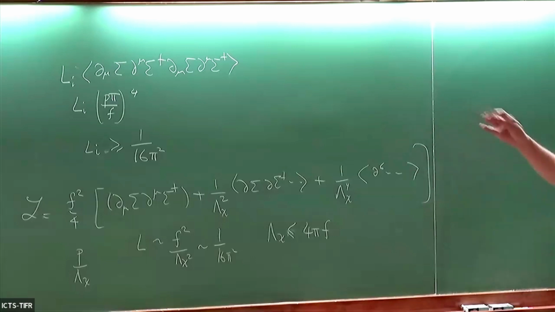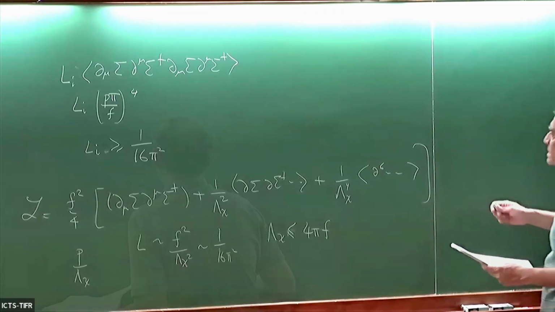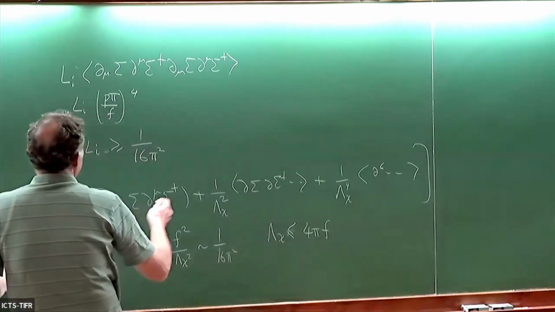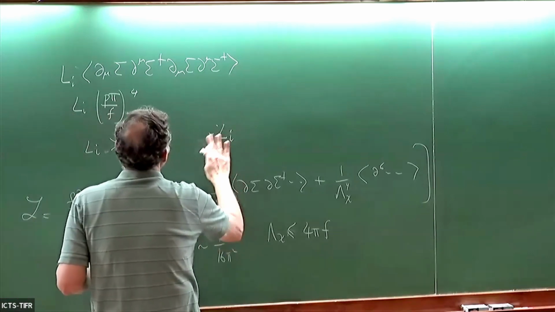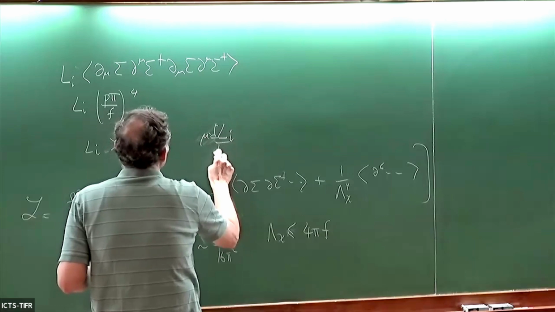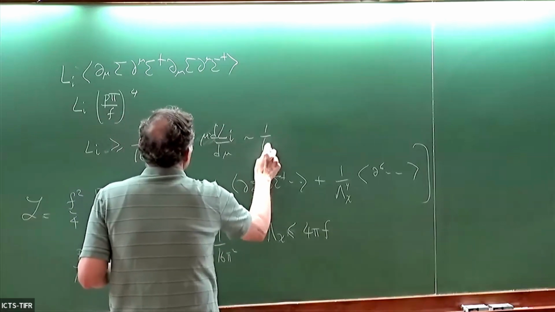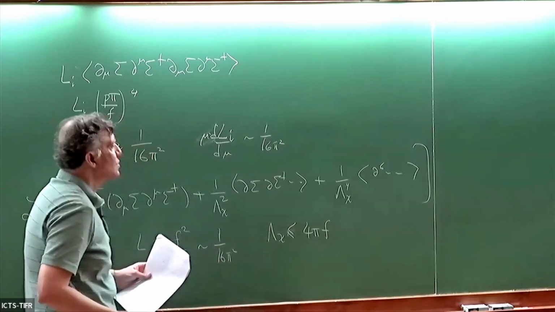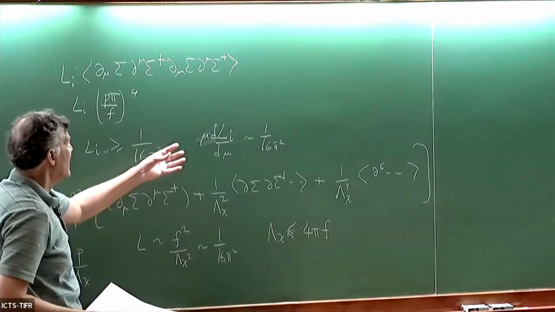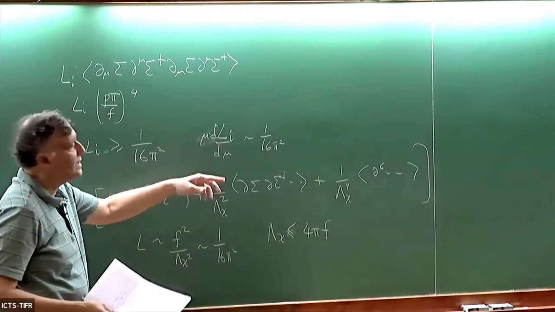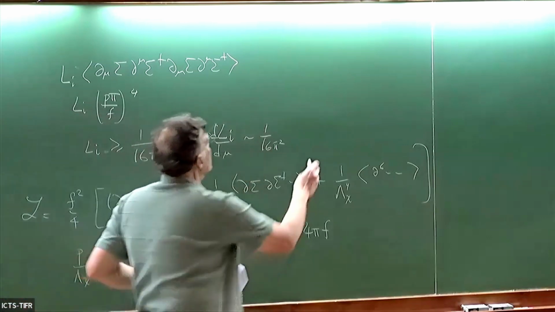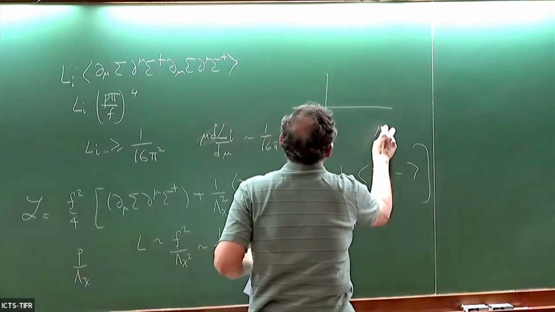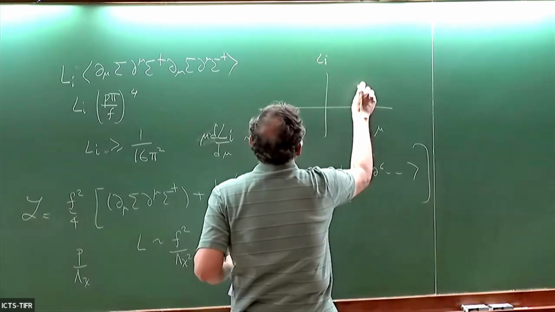And in the second paper, let's put it this way, delta Li because of a shift in mu, or mu dLi d mu, is of order 1/16 pi squared. So Li could be, if Li were 10 times that, that would be fine, because if you think of mu here, here's Li, and there's some value.